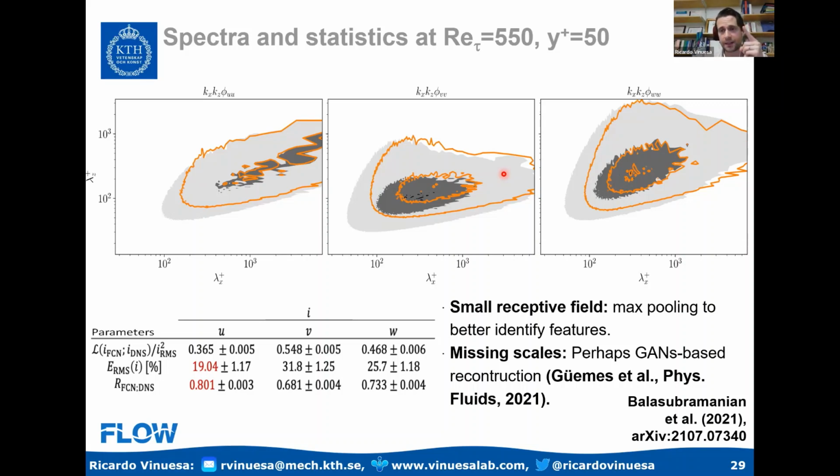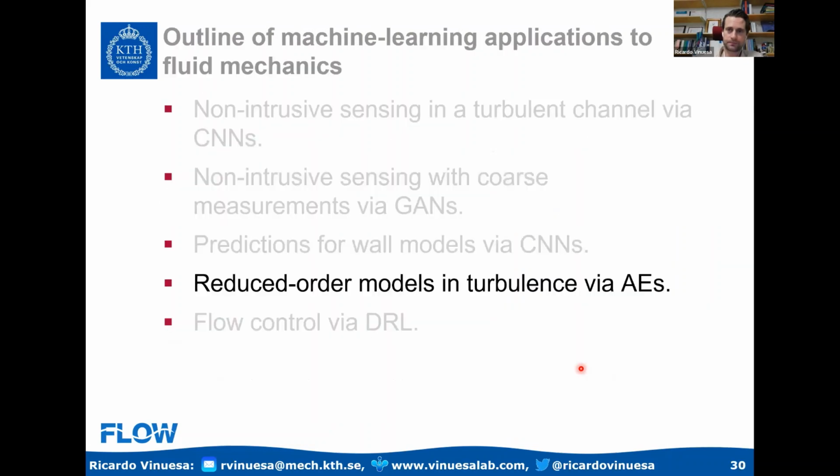The first one is that the problem with the receptive field could be bypassed with max pooling, for example, or with a smarter normalization of our data. And the missing scales could perhaps be reconstructed with GANs, using the work published in Physics of Fluids that I mentioned before. So there could be some interesting extensions of this work to improve our capabilities in predicting closer to the wall. Okay.